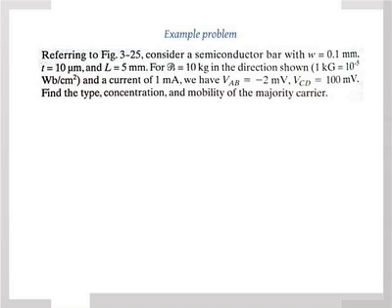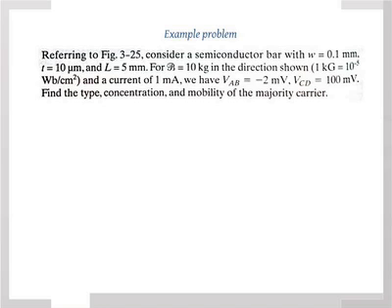Bz, you already know, 10 kilogauss. Q is just the electronic charge, again you know. Ey, what's Ey? Yes, it's the Hall voltage divided by the width of the bar. The Hall voltage is minus 2 millivolts, divided by the width of the bar, 0.1 millimeters.